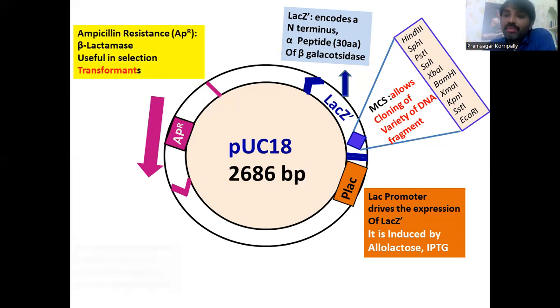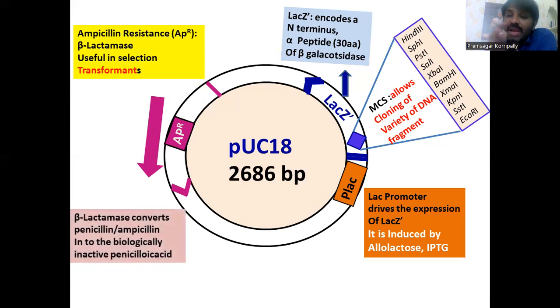Ampicillin belongs to the penicillin family, and beta lactamase breaks down the beta lactam ring of penicillins and converts it into penicilloic acid, which is biologically inactive. So the genetic selection marker, the ampicillin resistance gene, that is beta lactamase, is there in pUC18 to screen the transformants.